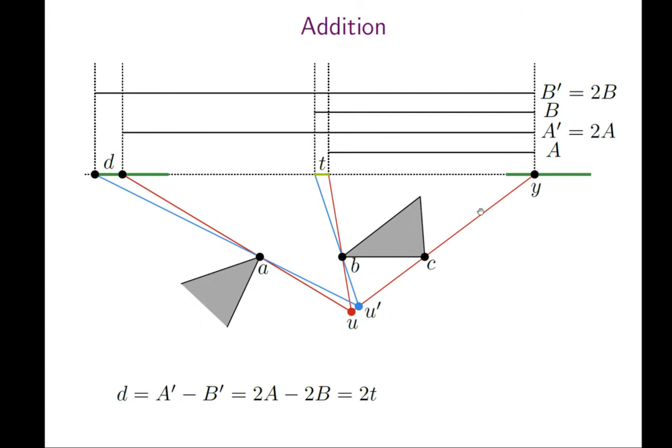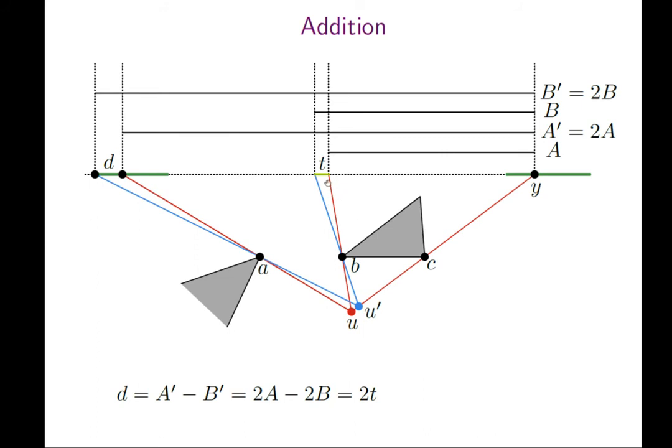So what we do is we just define some distances here. So from y to the start of t, we call a. To the end of t, we call b. So easily seen, b minus a is t. And then from the start of y to where x started is a prime, and where x ended is b prime. It's easy to see a prime minus b prime is d, and b minus a is t. So now what we have to show is a prime is two a and b prime is two b. So let's look here at u.